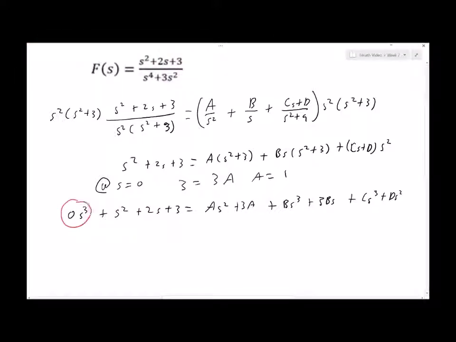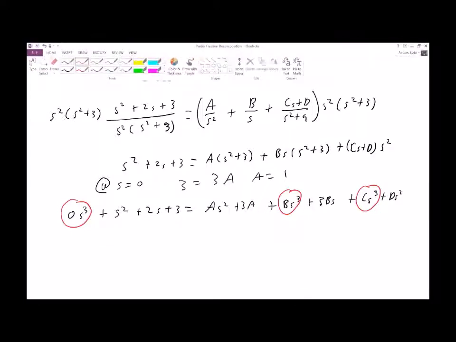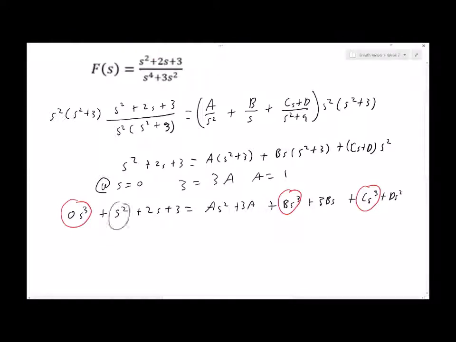So our 0s cubed has to go with our Bs cubed and our Cs cubed. Our s squared term has to go with our As squared and our Ds squared. Our 2s term has to go with the 3Bs term. And the 3 term has to go with our 3A term.